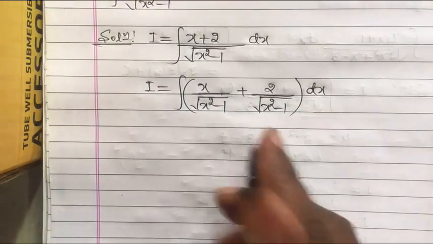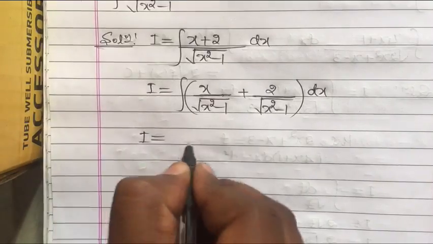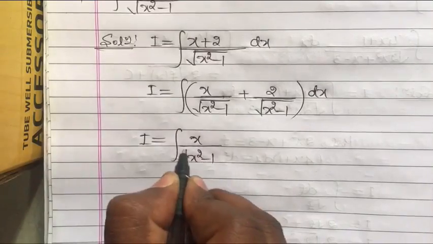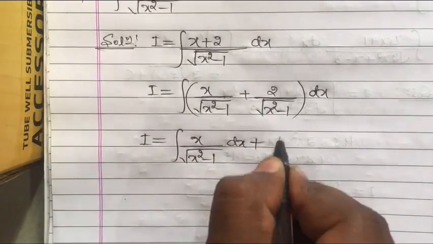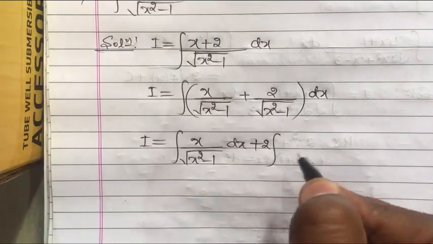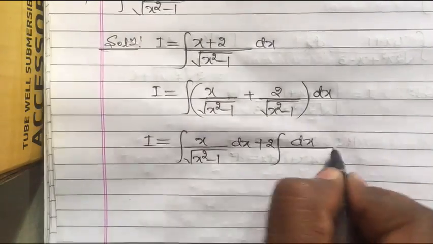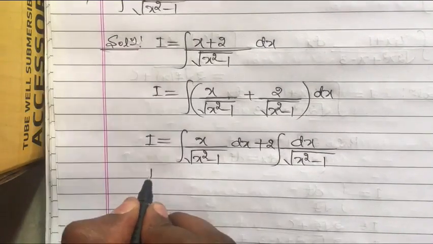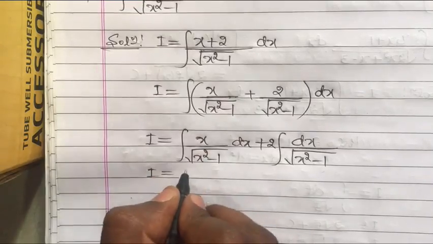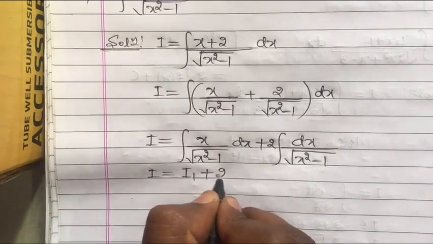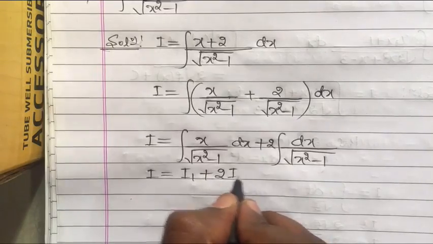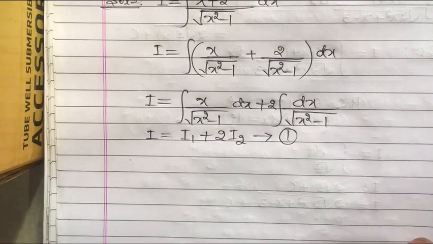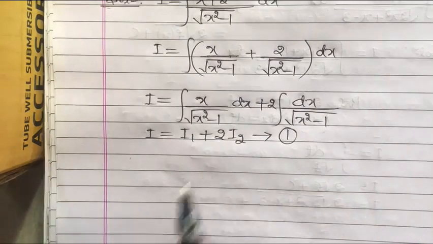So now integrate them separately. I is equal to integral of x divided by square root of x square minus 1 dx plus integral, 2 is a constant, I write it outside, then dx upon square root of x square minus 1. So here I take this as I1 plus 2 times I take this as I2. I call this equation number 1. Now we have to get the value of I1 and I2. Then I2 will be multiplied with 2.